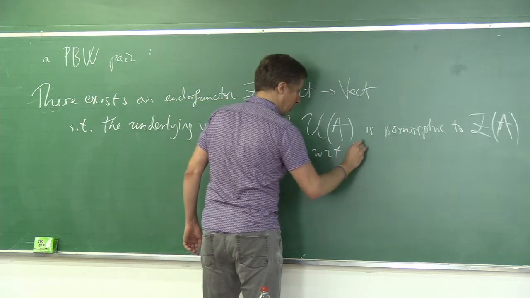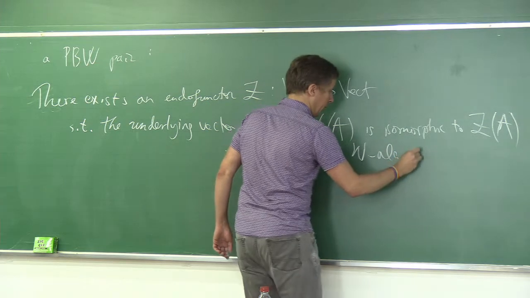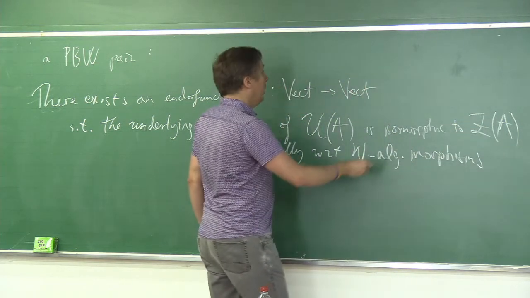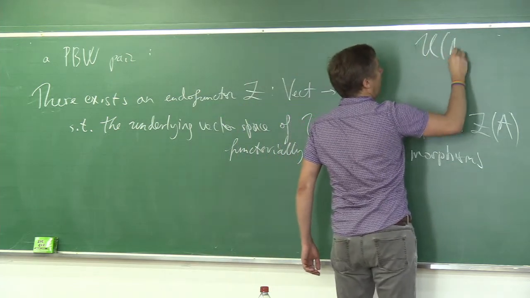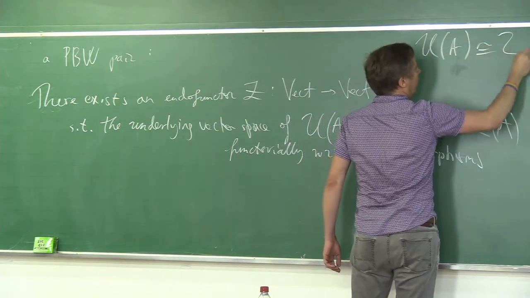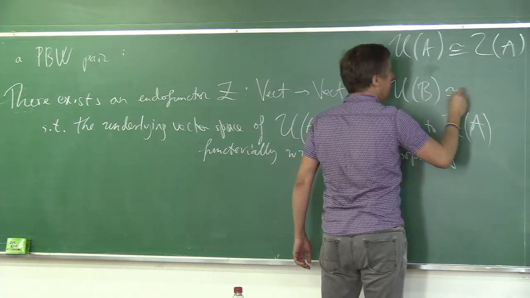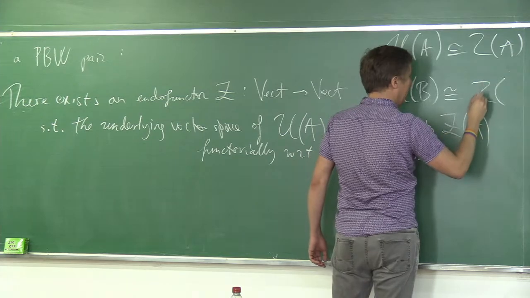With respect to algebra morphisms. So you choose an isomorphism from U of A to Z of A and from U of B to Z of B.